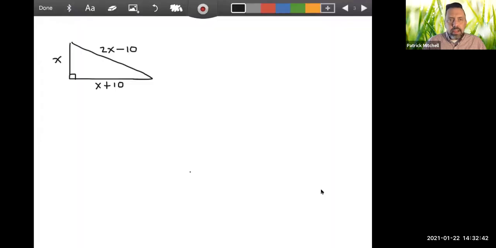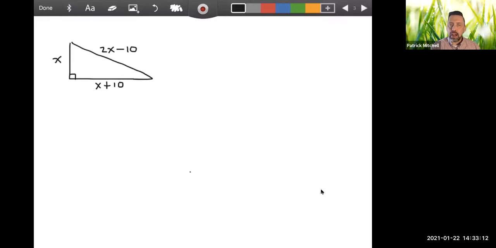All right, so here is a picture of my right triangle. The shorter leg is x, the longer leg is x plus 10, and the hypotenuse is 2x minus 10. All right, so I've gone over this problem in every face-to-face Math C class I've done for many, many years now. And often it's a little bit of a challenge to get people to see what formula we should use here.